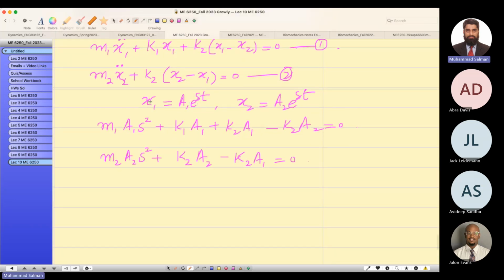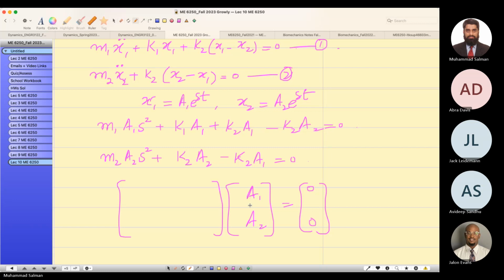And then you will make a determinant, a matrix form. The right hand side is 0 for both equations. These are the amplitudes. So I can write here M1 s squared plus K1 plus K2. Agreed? And with negative K2. And here negative K2. And here it is M2 s squared plus K2.